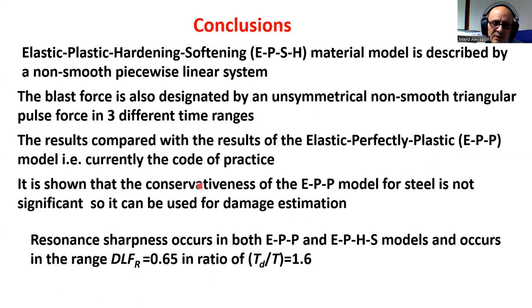So still, because we have conservativeness, it is insignificant, insignificant enough to be safe. So we stay on the safe side. We don't develop any other chart for the EPSH model. So the degree of conservativeness is not significant.